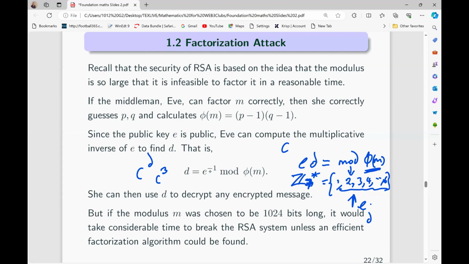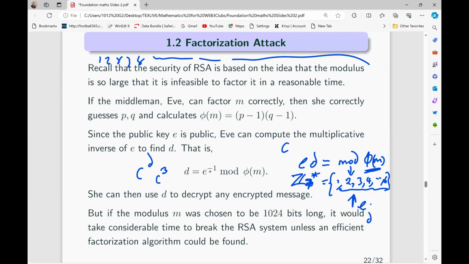But now, if M is too huge, it means this person has so many numbers to try, and so the person will give up along the way. He may not want to try all the numbers. You can use a prime number which is one page full, a number so long that it covers the whole page.